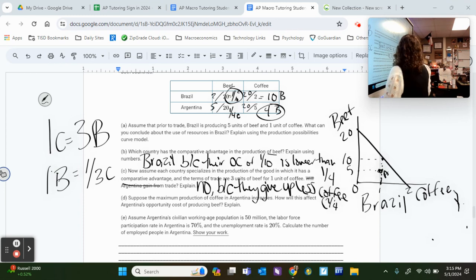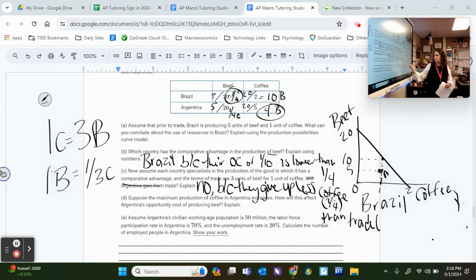We could make it ourselves. I can make it cheaper than what you're giving it to me for. Yeah, that's fine. Let me finish my thought. No, because they give up less coffee, 1/4, than trade, 1/3. Yeah, trade is more expensive than making it themselves.